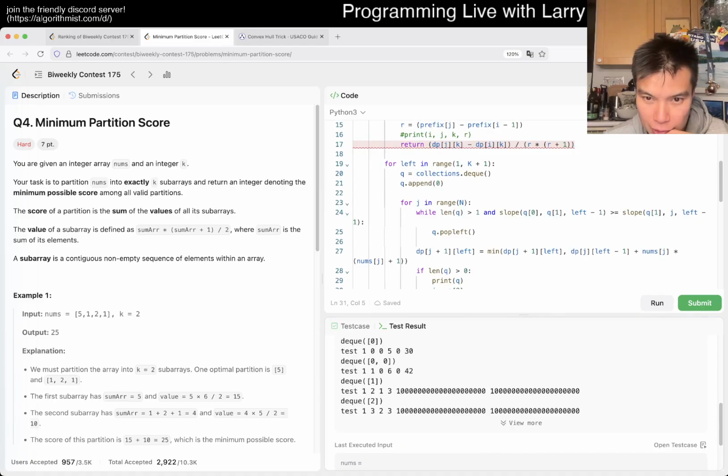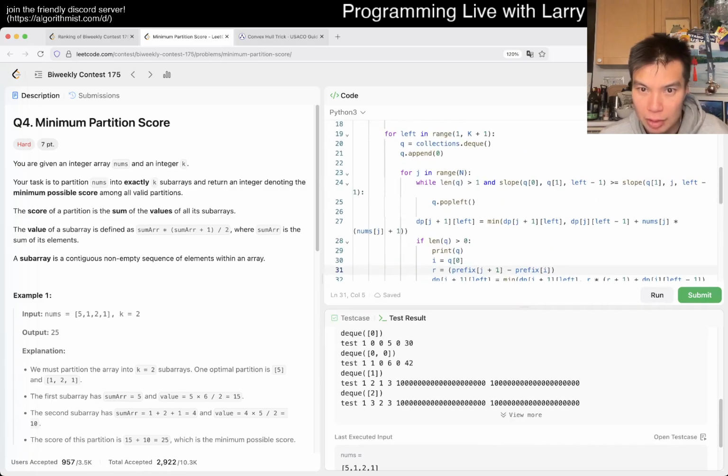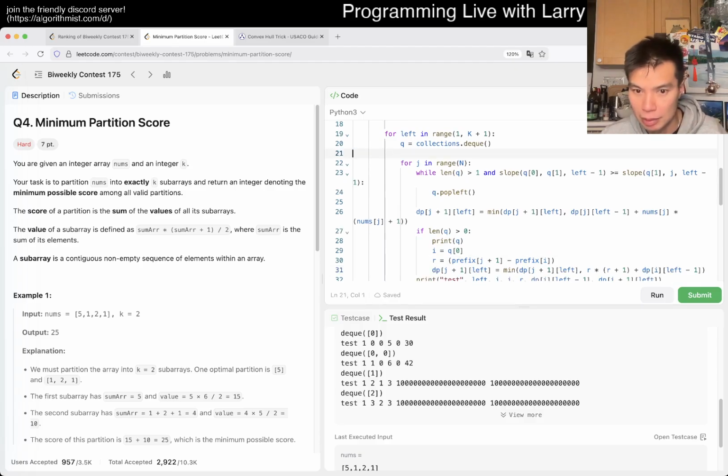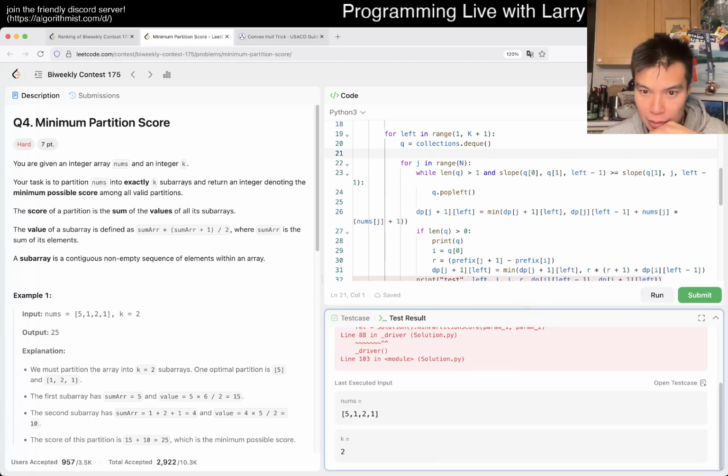Okay, let's see, right? Now it's still, sometimes I don't have this anymore, that's why, but it still doesn't change anything though, right?